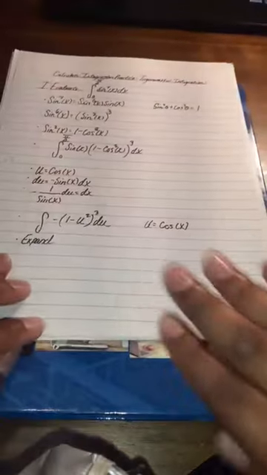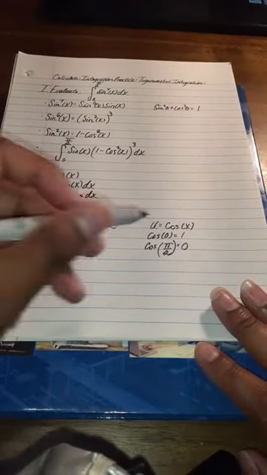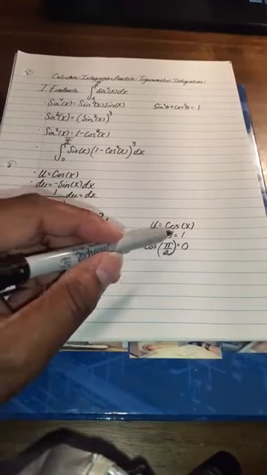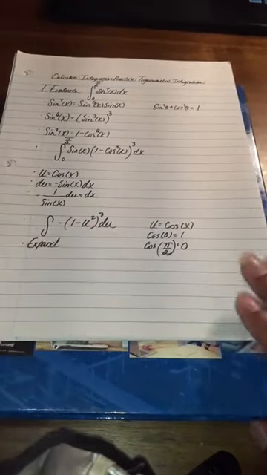So we had cosine of x as our u, so all we have to do is stick in a 0. We get cosine of 0, which we know is 1. And then we get cosine of pi over 2, which is 0. That does create a little bit of a problem, because we would have 1 as our lower limit and 0 as our upper limit.